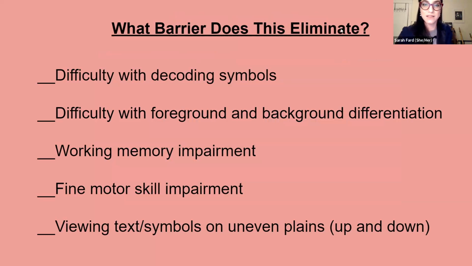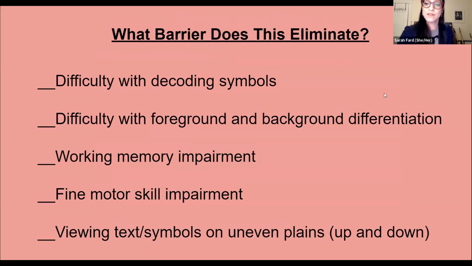I see an idea in the chat: decoding, for sure. Now I see, okay, it's an orange C, and the C on the piano is orange. I don't have to process as much and decode as much of what that symbol's telling me to do, right? It helps the notes stand out against everything else.